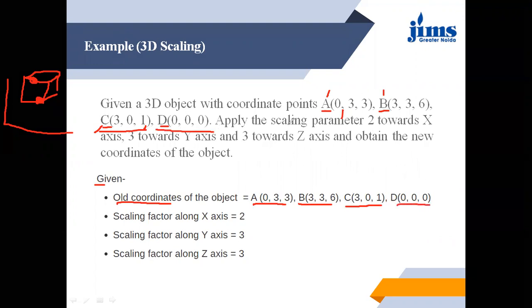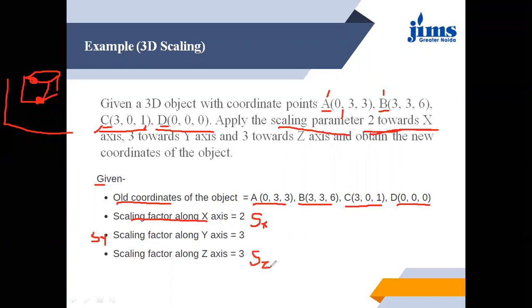They also give us the scaling parameters: scaling factor along the x-axis, which is sx, scaling factor on the y-axis, which is sy, and the third one is the scaling factor on the z-axis, which is sz.